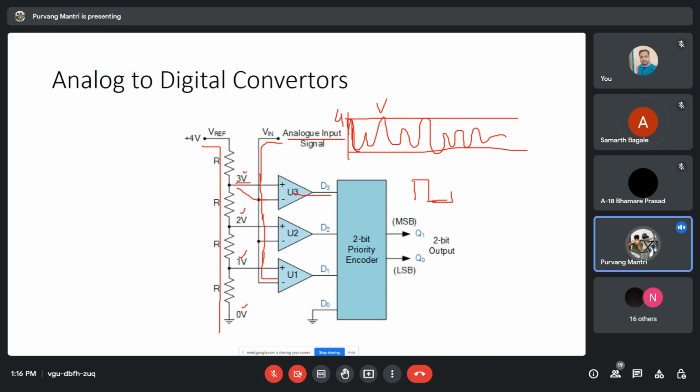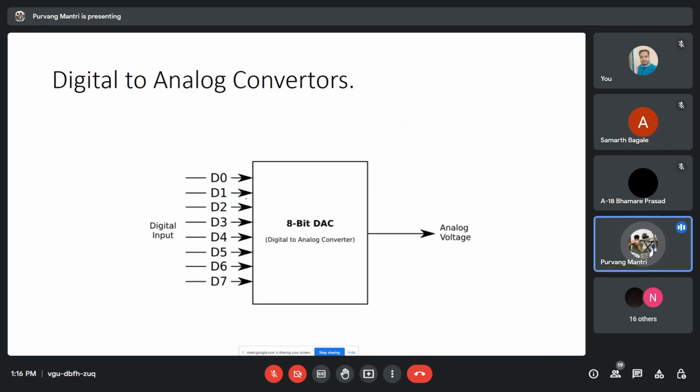Yes, sir. Good. Similarly, we have DACs, or digital to analog converters. They convert digital signals into analog signals. If you ever had the chance to see the output of any motor controller, the output is going to be a digital output.